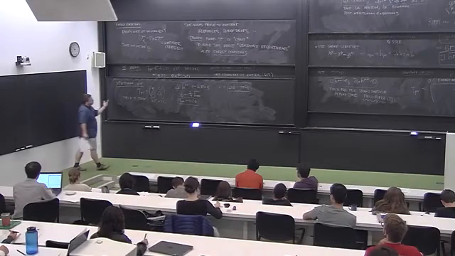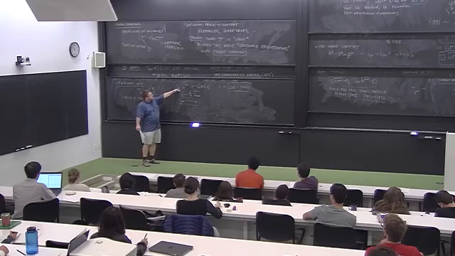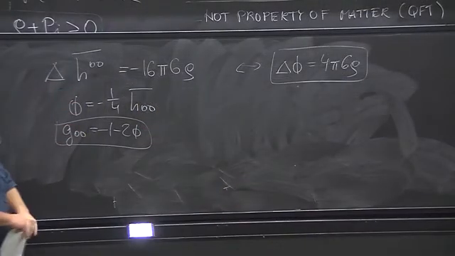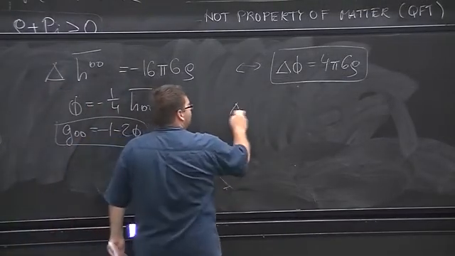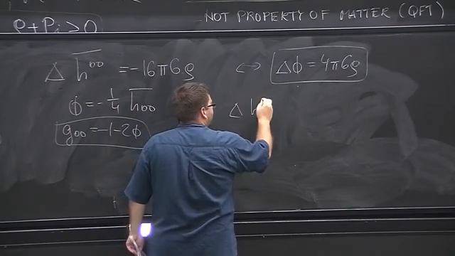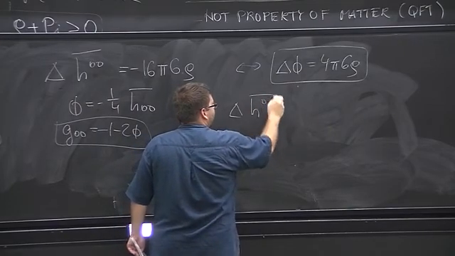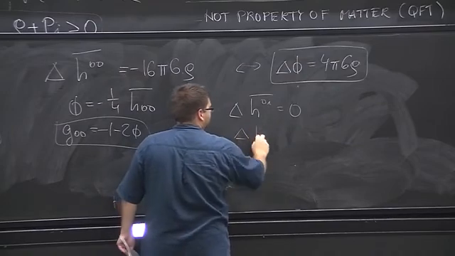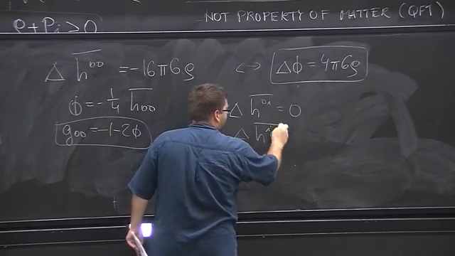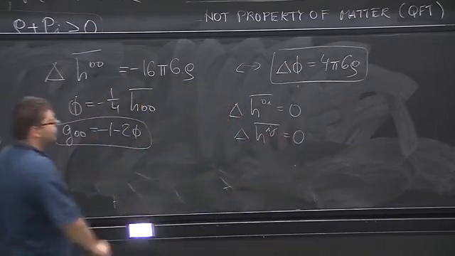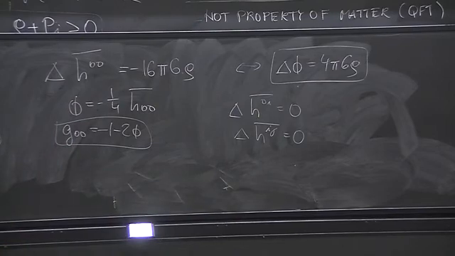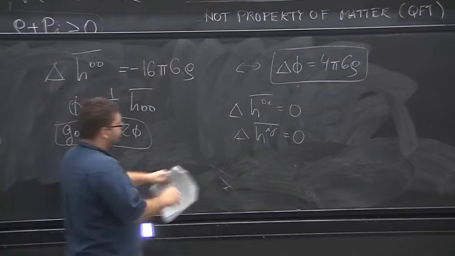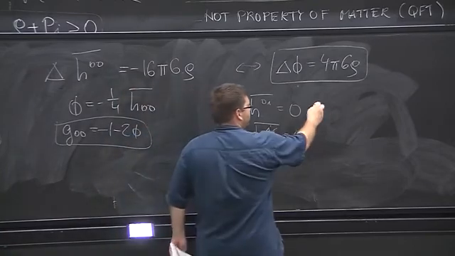But then you also have other components of the Einstein equations. You have Laplace on h 0i bar equals 0, and Laplace on h ij bar equals 0. So these are your other equations. Now, provided that you impose some boundary conditions at infinity so that the solution doesn't blow up, these have trivial solutions.